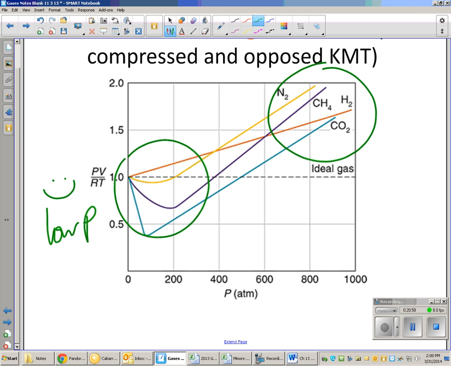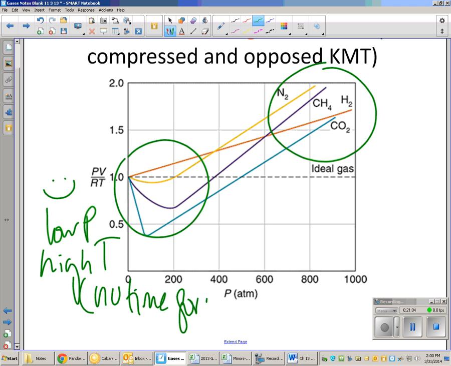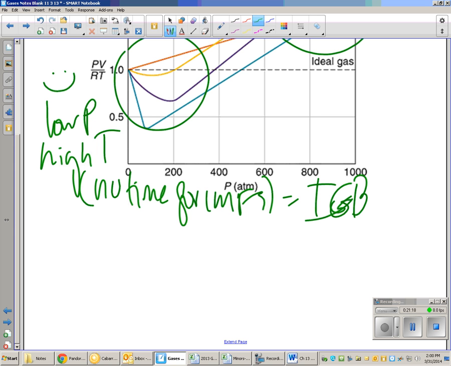The higher the temperature, the more ideal, because there's no time for IMFs. There's no time or ability for the particles to interact because they're moving so speedily past each other. So low pressure and high temperature means that you approach ideal gas behavior. IGB, ideal gas behavior. The opposite of that would be high pressure and low temperature. What would you be approaching?